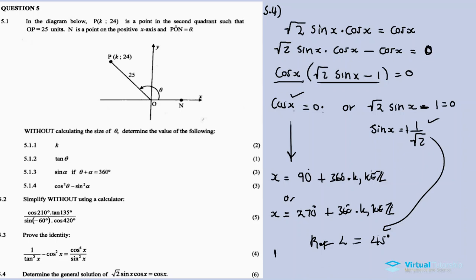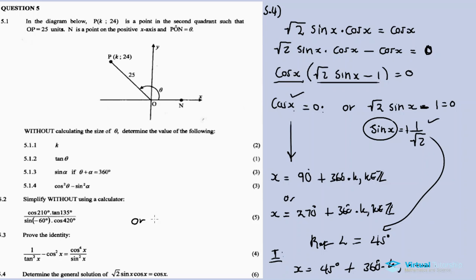In the first quadrant. Where is sine positive? In the first quadrant and in the second quadrant. So in the first quadrant our general solution will be x equal to 45 degrees plus 360 degrees times k, where k is an element of integers, right?